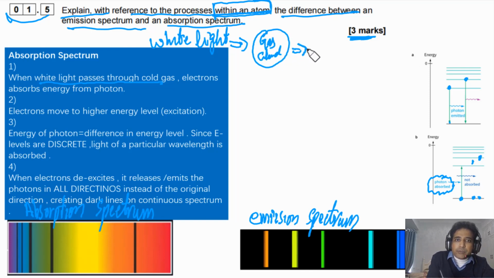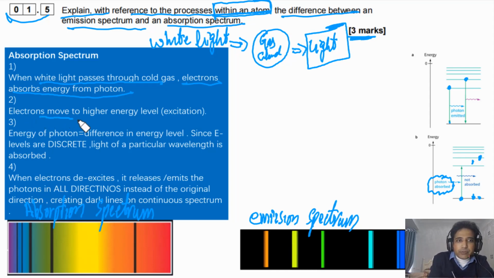After this, there will be some missing wavelengths, and we will see those missing wavelengths in the form of dark lines. The first point is that electrons absorb energy from photons. The photon will be absorbed, the electron will jump from a low energy level to a high energy level, so those photons will be missing from this light.